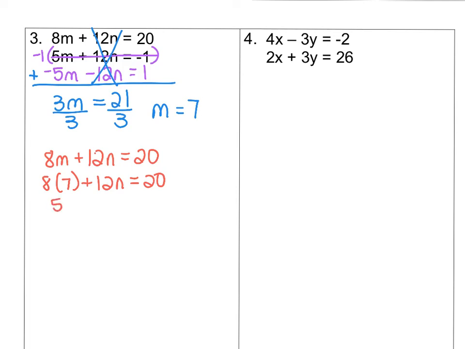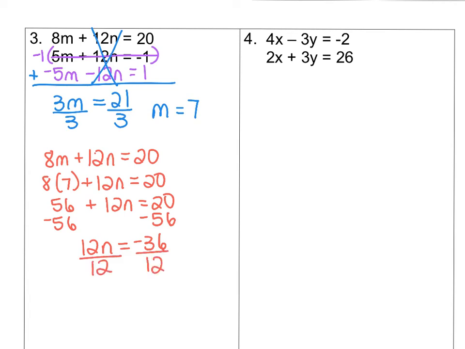And I get 56 plus 12n equals 20. I'm going to subtract 56 from both sides. And I get 12n equals -36. Divide each side by 12.